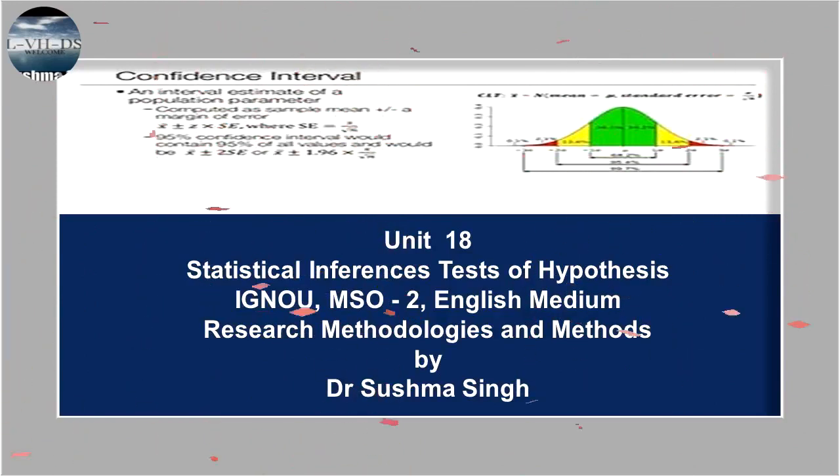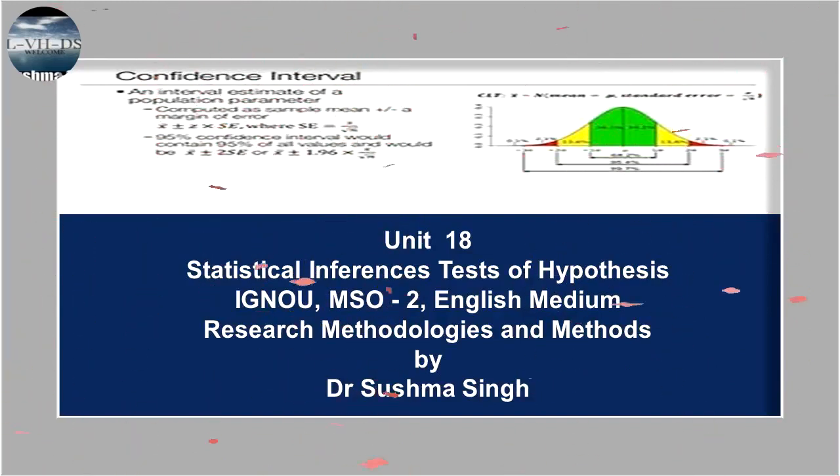Conventionally, the significance level is expressed as percentage, such as 5% or 1%. In the former case, it would mean that there is 5% probability of rejecting a null hypothesis, even if true. This means that there are 5 out of 100 chances that the investigator would reject a true hypothesis.